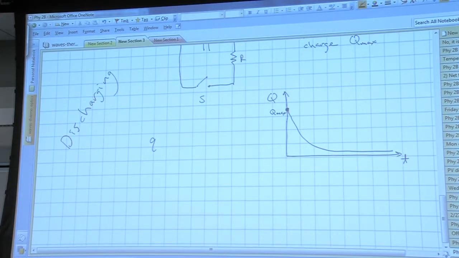So what we get for Q as a function of time is going to be Q max, which is just C times whatever voltage charged it, right? But I took the battery out of the circuit. So I'll just write Q max, and that's e to the minus t over tau.